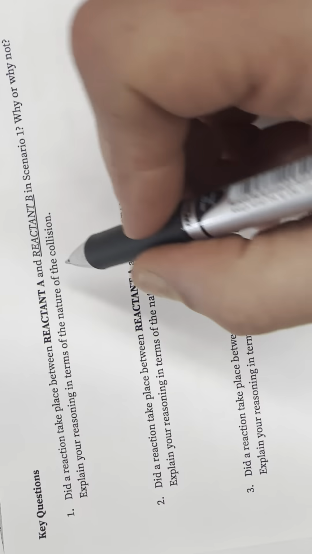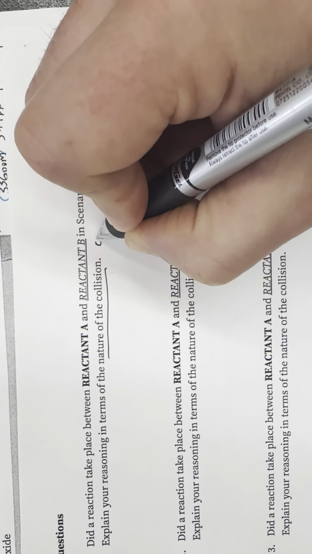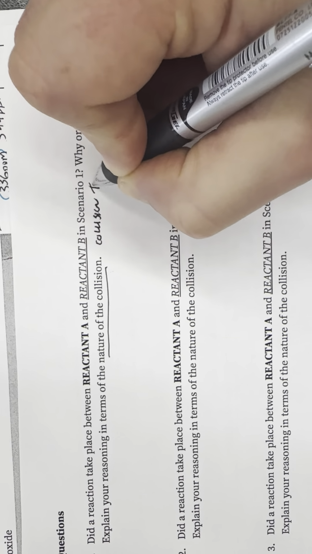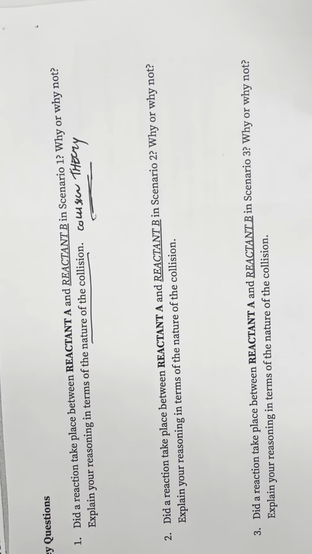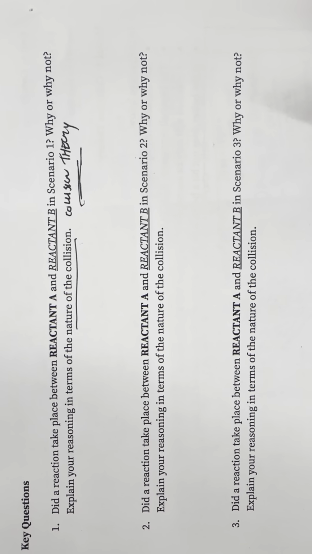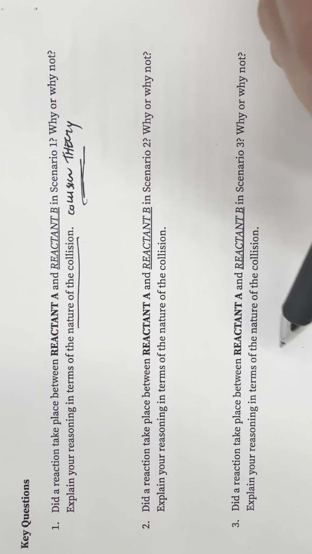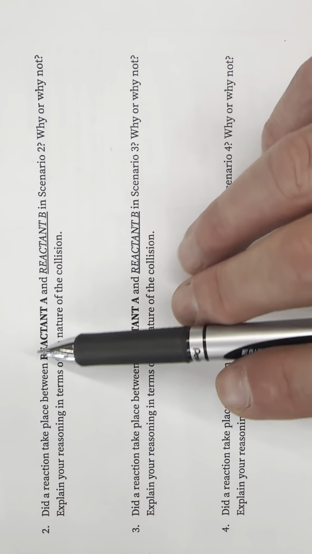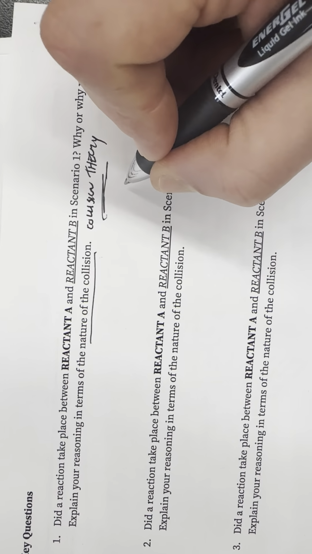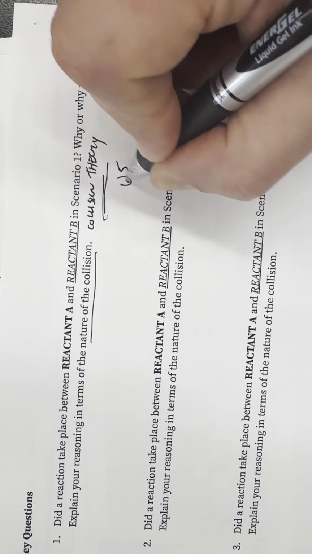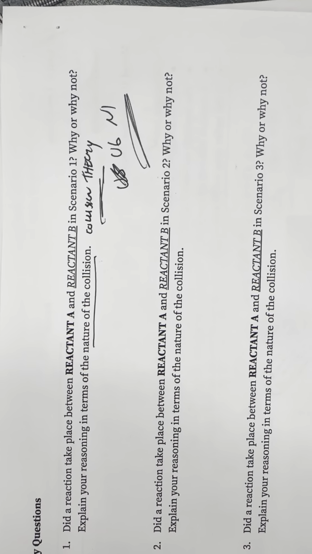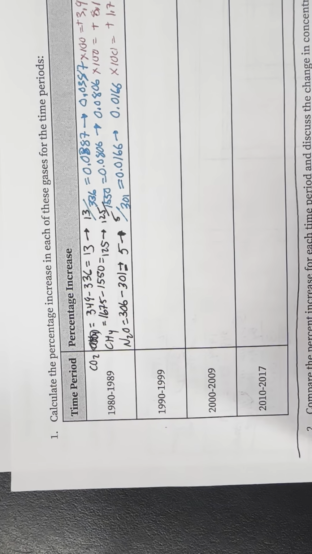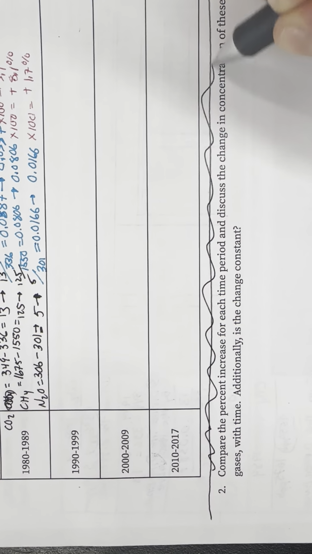And you're looking for collision theory reasoning to support why the reaction occurred or didn't occur. So if you said no, yes, yes, no, right? You have to use collision theory from the notes, which is U5, nope, I lied, U6 and 1, that will help you with that. So this whole packet is due up to here the next time we get together.